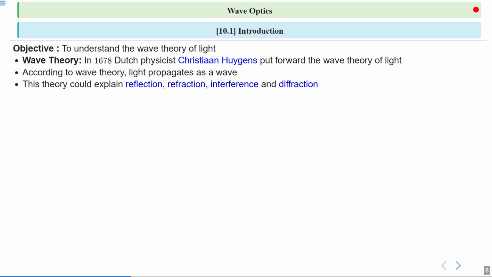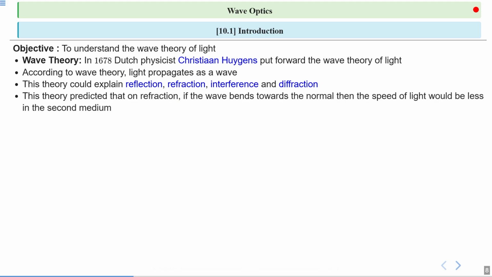The wave theory can explain several key phenomena: reflection, refraction, interference, and diffraction. Each of these involves the interaction of light waves with surfaces or other waves. For example, interference occurs when two waves meet and combine, either amplifying or cancelling each other out. An interesting prediction of the wave theory is that when light refracts, if it bends towards the normal, the speed of the light is slower in the second medium.